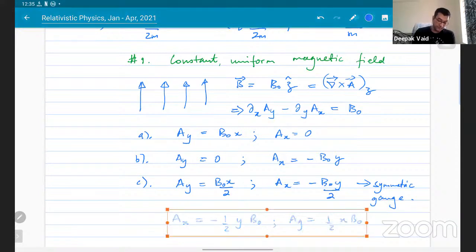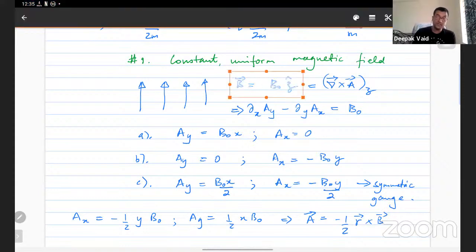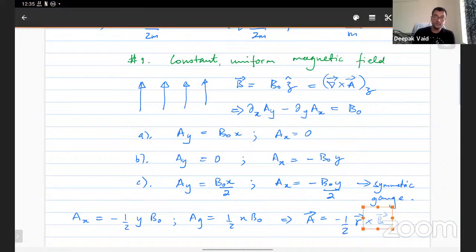So if you combine these two expressions, you can convince yourself that the vector field A is equal to minus 1/2 R cross B, where in this particular case, our B is our constant magnetic field, right? So if you put this external constant magnetic field in here, B will only have a Z component.